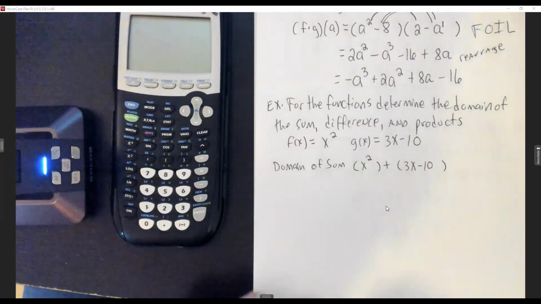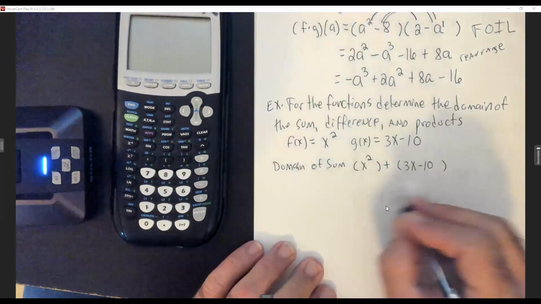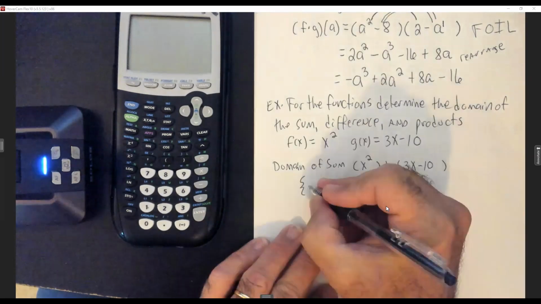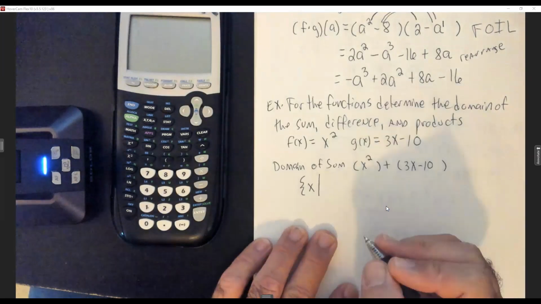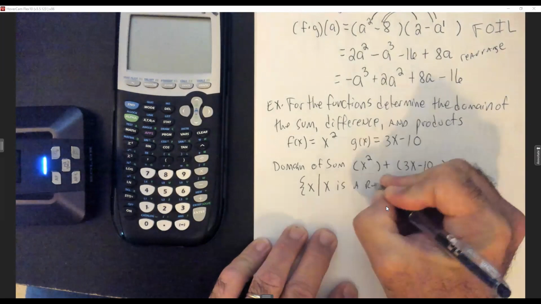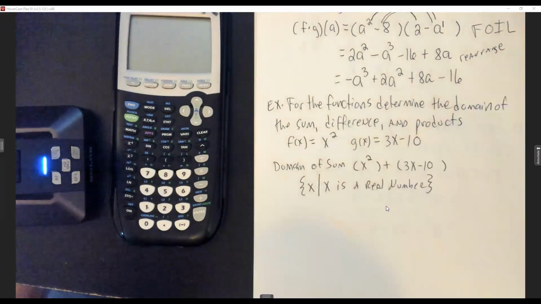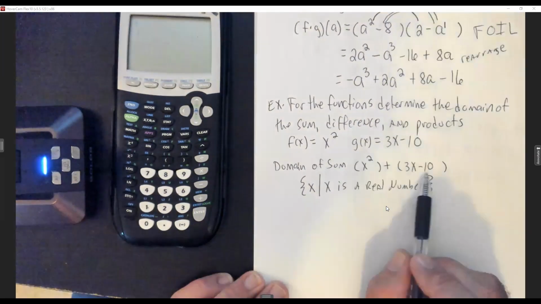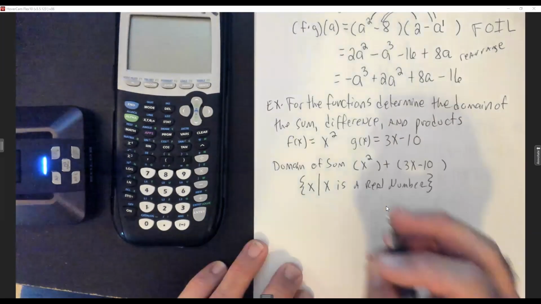There are no fractions here. So since there are no fractions, this is going to be x such that x is a real number. Okay, there's nothing that'll make this have a 0 in the bottom of a fraction because I don't even have a fraction here, okay?